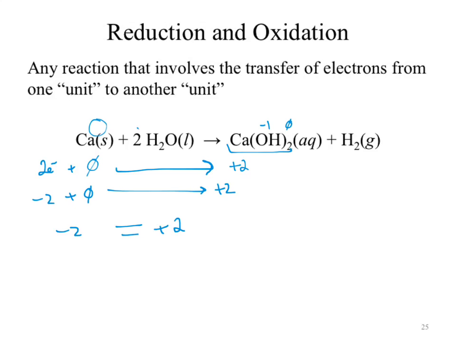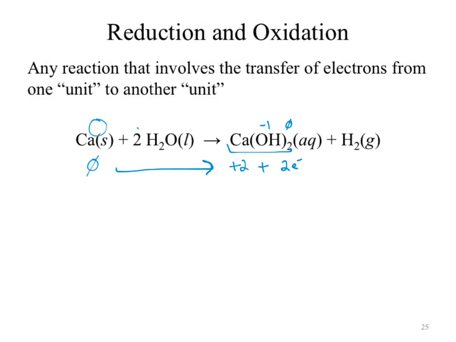Does it equal? No. Did we put the electrons on the correct side of our reaction? No. If we lose 2 electrons, where do we put the electrons? On our product side.